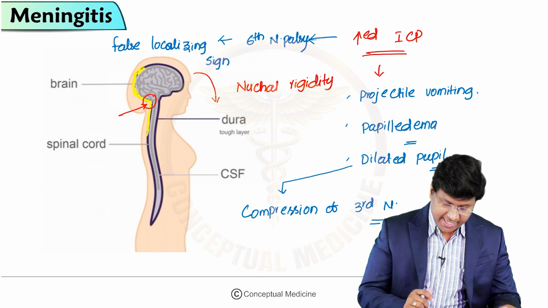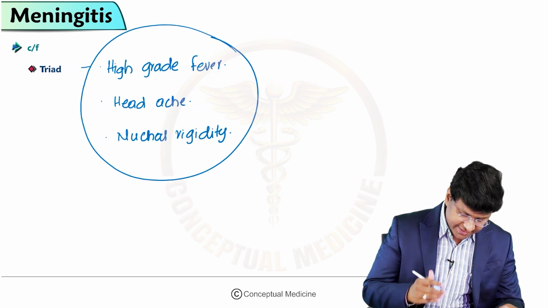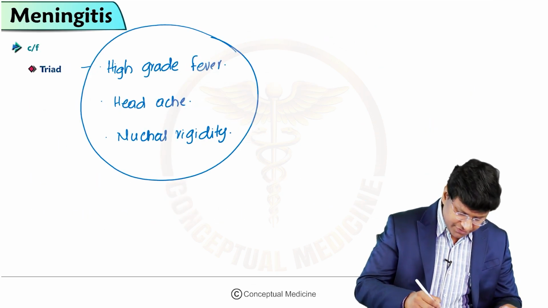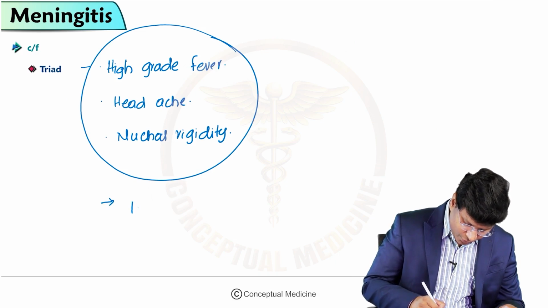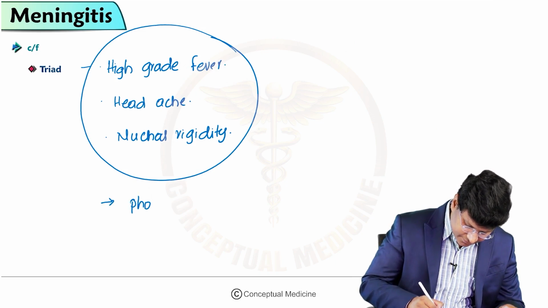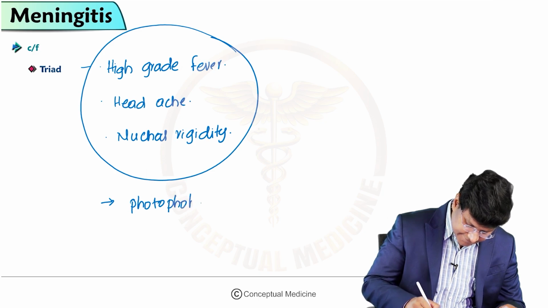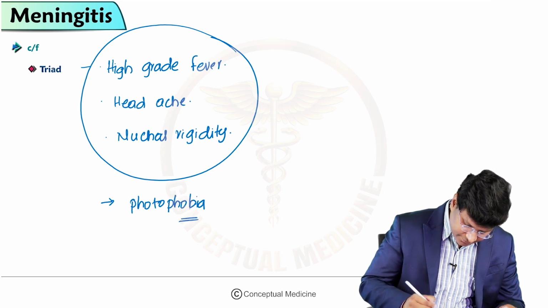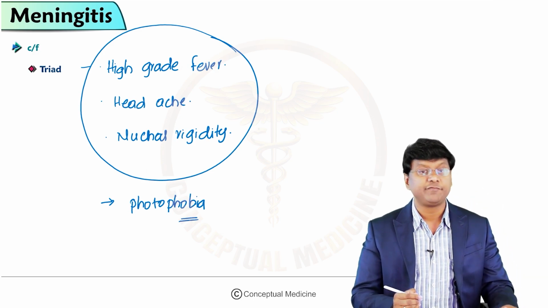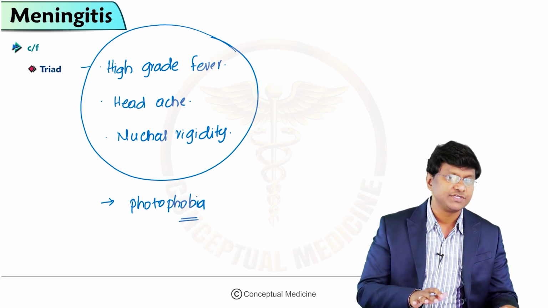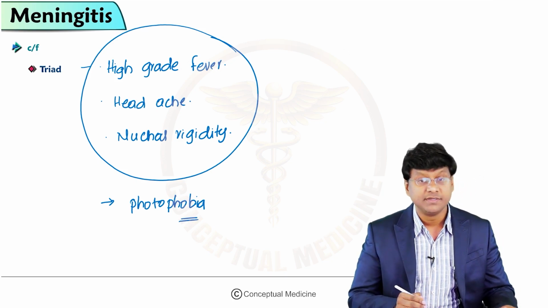Okay, next. And the other important point is that if you take the vision in these individuals, they have photophobia. So these are the features that you will have in patients with meningitis.